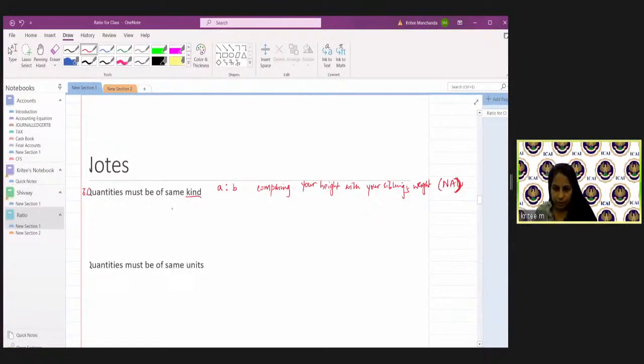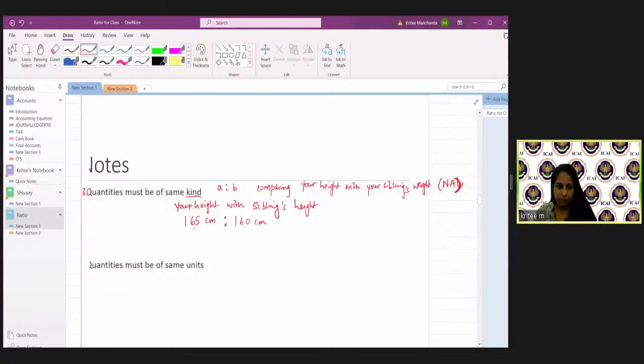You may do this: you're comparing your height with your siblings' height. You may do that. My height is supposedly 165 centimeter and my elder sister is 160 centimeter.